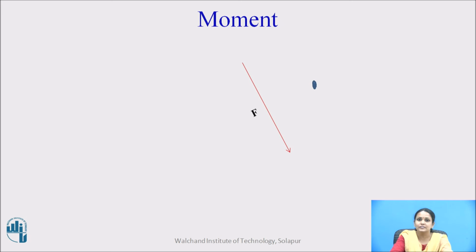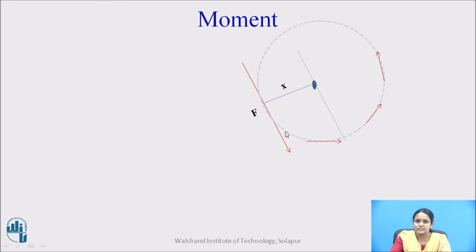Then in this figure, here you can see this force is again acting towards the downward, but the point or axis of the rotation is at the opposite side. So if I take the rotational effect of this force about this central point, it will rotate in the anti-clockwise direction.